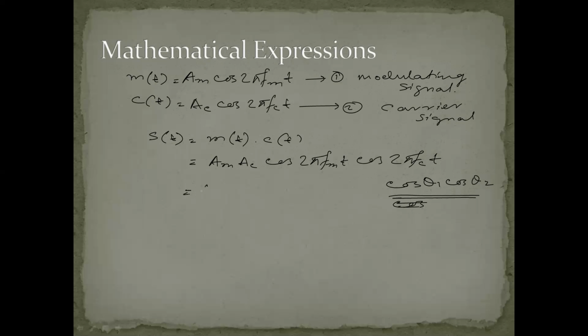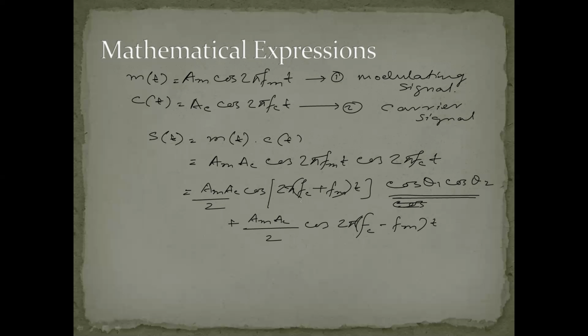So this equation can be written as AmAc by 2 cos 2 pi (fc plus fm) t plus AmAc by 2 cos 2 pi (fc minus fm) t.